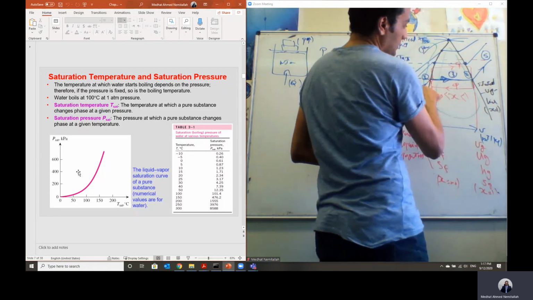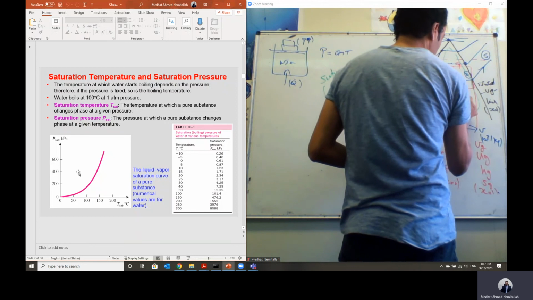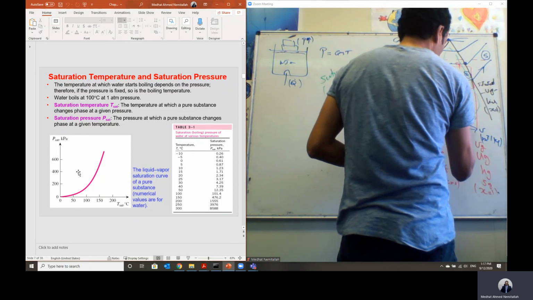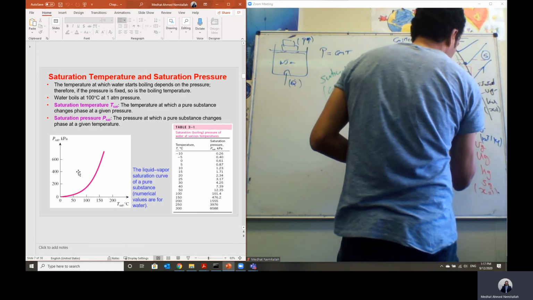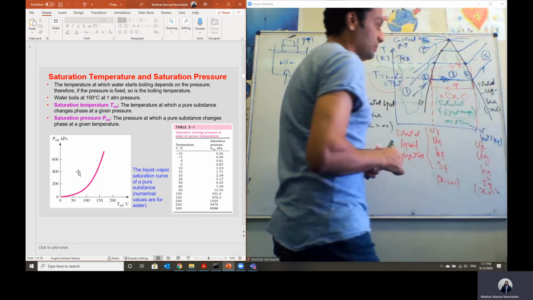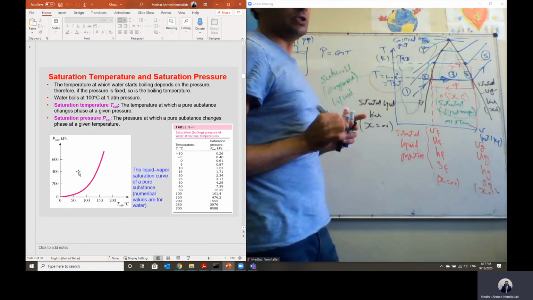But between the saturated liquid line and the saturated vapor line, we have a saturated liquid plus vapor mixture. So in this zone we have a mixture of liquid plus vapor between the two saturation lines.